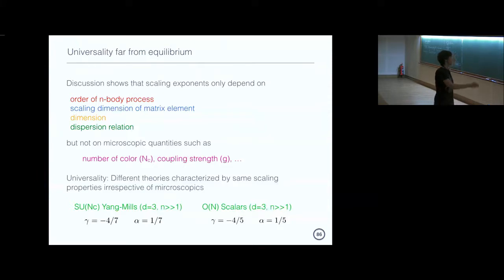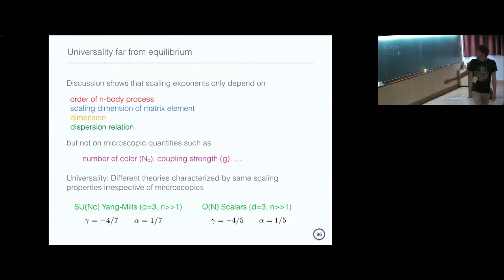So here's a collection of 2 of these far from equilibrium universality classes. On the one hand, there are SU(N_c) Yang-Mills theories in 3 dimensions in this high occupancy regime, which have these exponents. You can work this out for the scalar, and I showed this more or less for the single component scalar. The same holds for n-component scalar theories, and there you get a different set of scaling exponents.